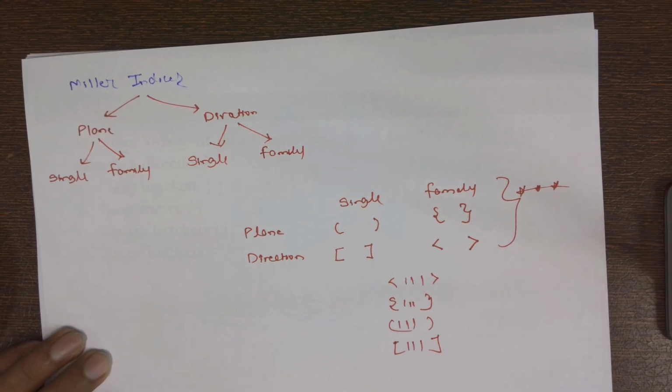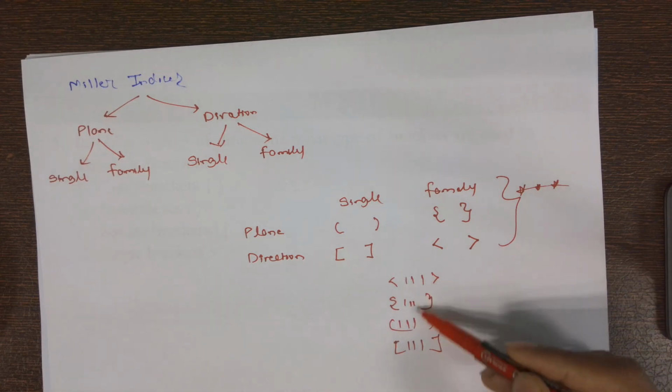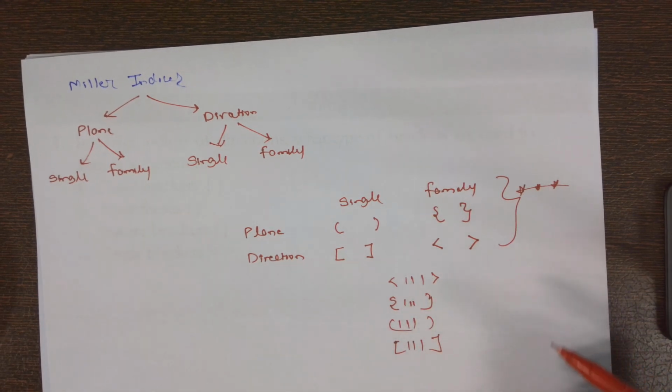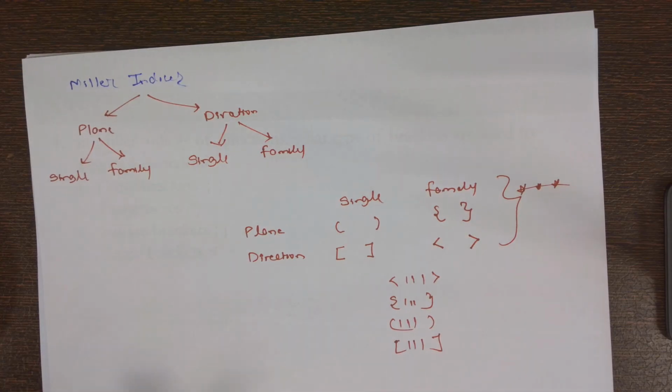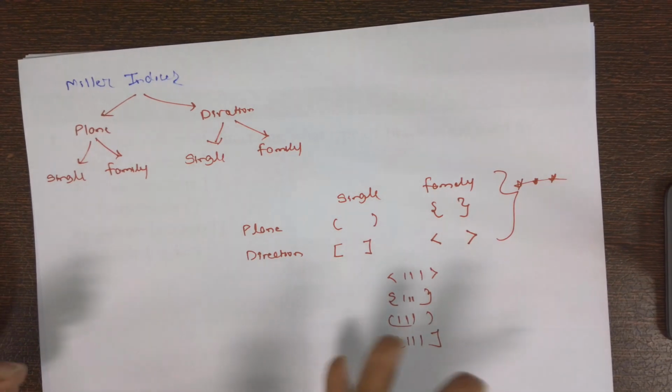They'll say, tell me which one represents the family of planes of 111. We see that all of them are similar. All of them have the same numbers, but they differ in some way. So this is how we notate and give the symbols to them.